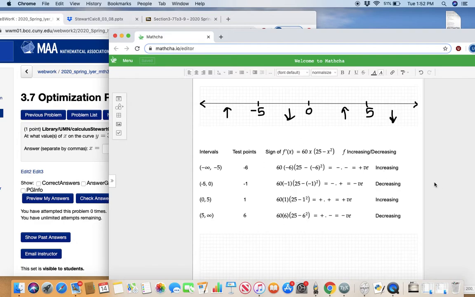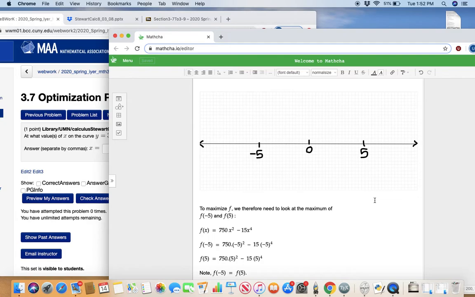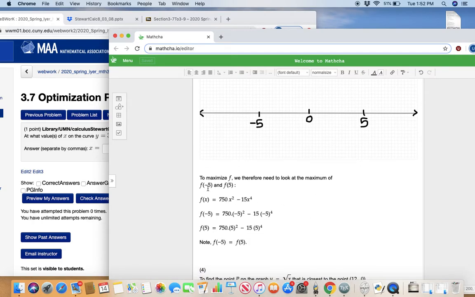I'm increasing here because it's a positive derivative, decreasing in the second piece, increasing here and decreasing there. So now you want to maximize your function. You need to look at the maximum of f of negative 5 and f of 5.